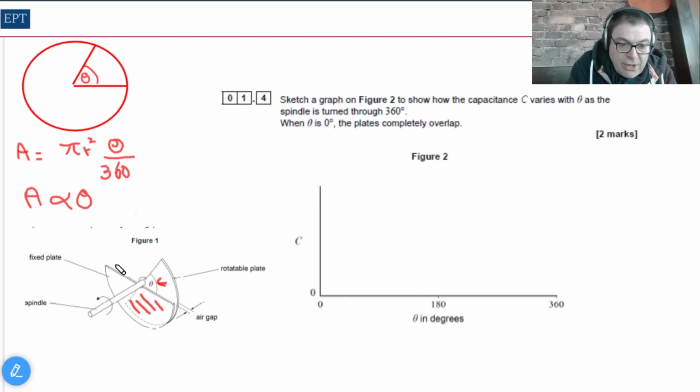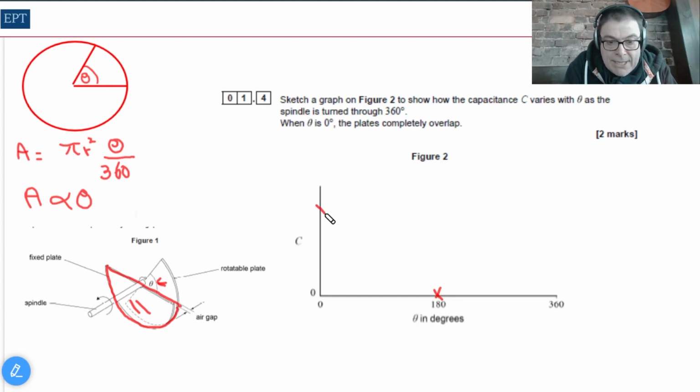When theta is 180, we're in this position. There's no overlap between the fixed plates and the rotating plates. Therefore, capacitance is 0, like that. When the angle is 0, the two plates are completely overlapping, like that.